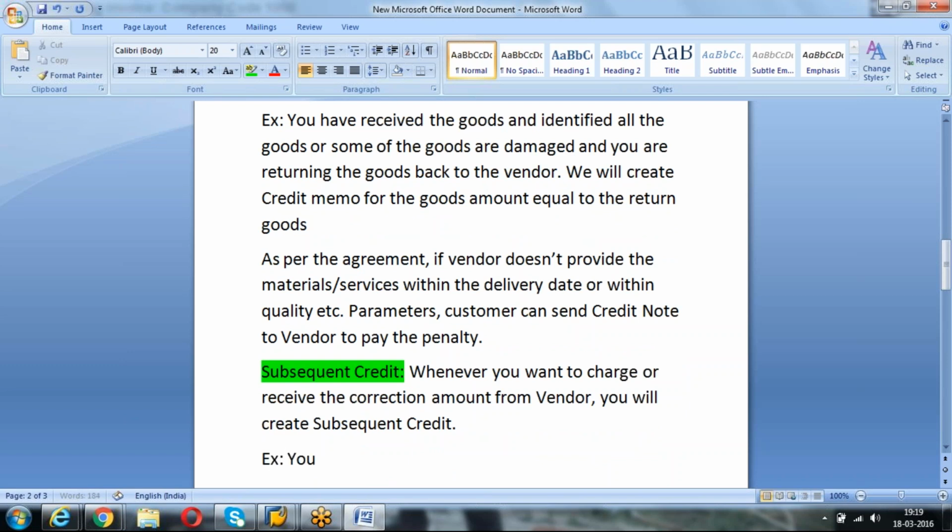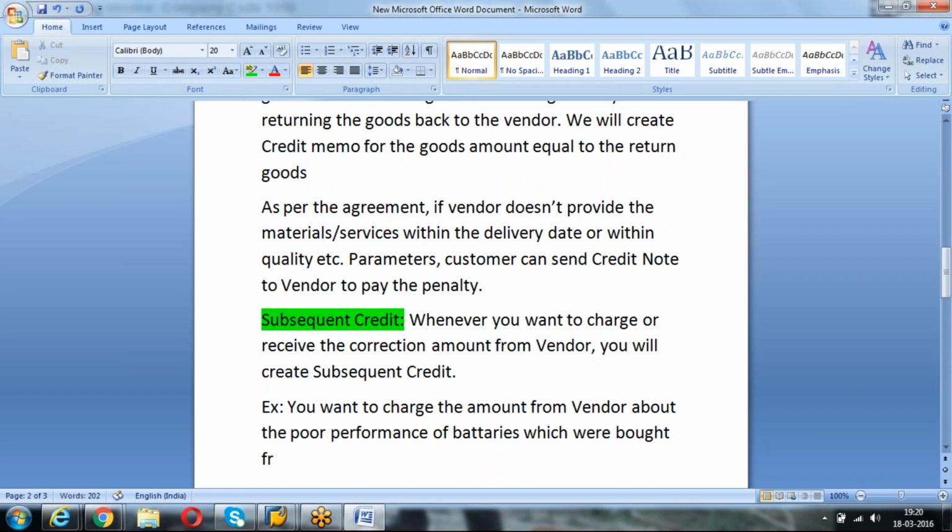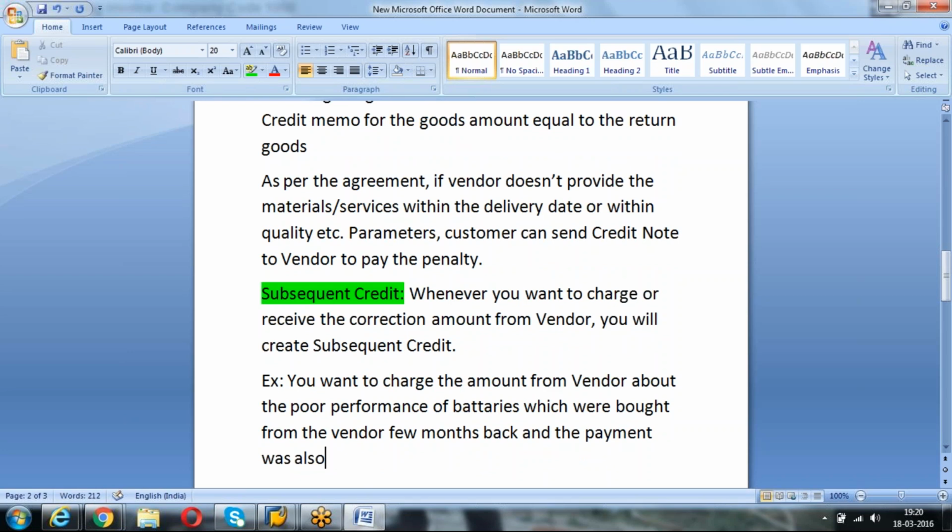Example, you want to charge the amount from the vendor about the poor performance of batteries which were bought from the vendor a few months back, and the payment was also done.